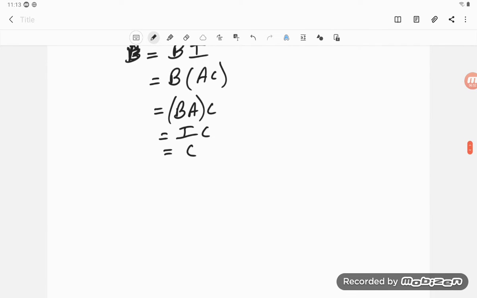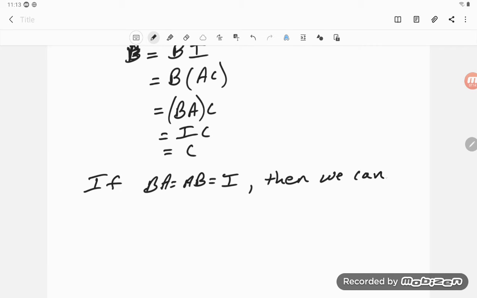And so now, if B times A equals A times B equals I, then we can write A inverse. Not A to the -1, but A inverse.